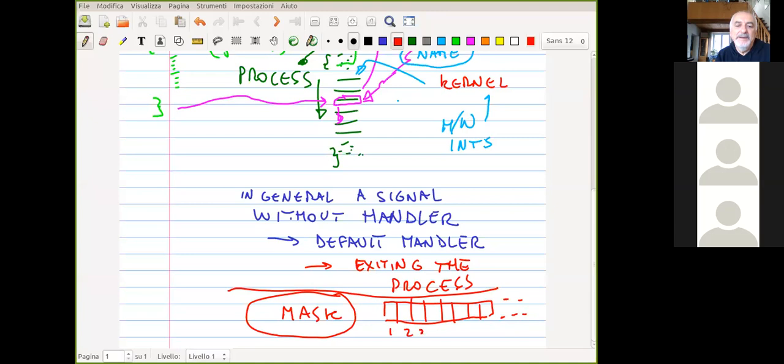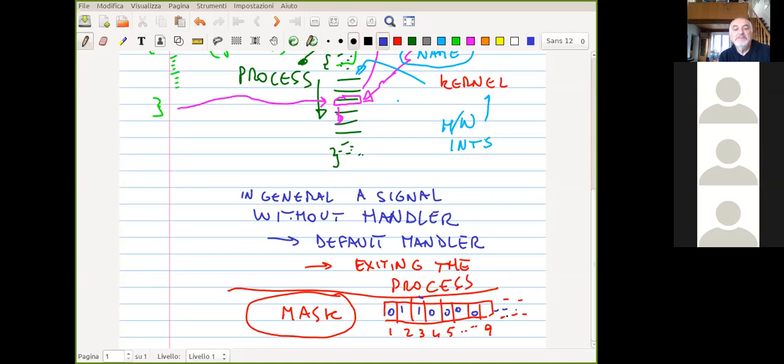the position refers to a signal. 9, for example. 9 is a terrible signal in the 9th position. And you put here 0 or 1. And you can decide to mask signals somehow in several situations.